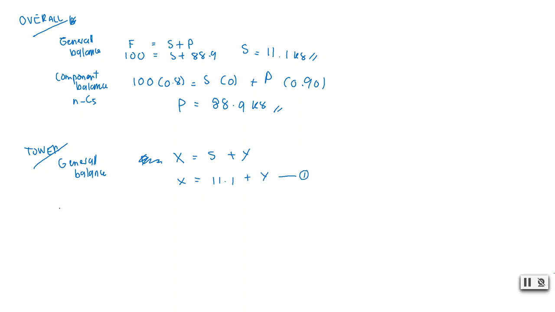And then for the component balance, NC5, we are going for NC5: X times 0.8 equals 11.1 times 0 plus Y times 100%, so this is 1.